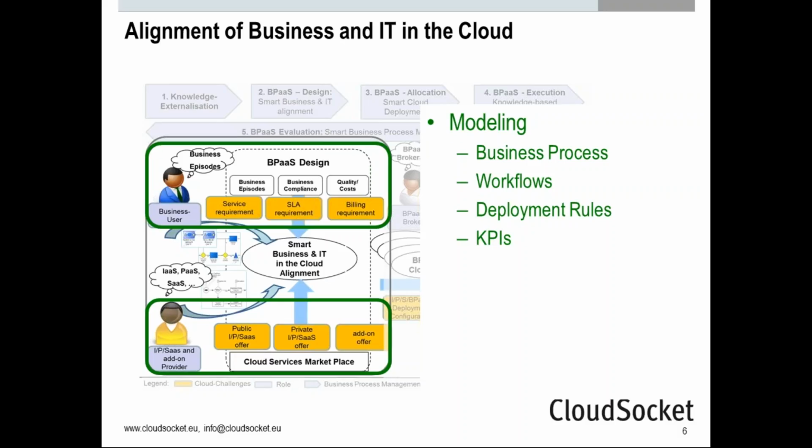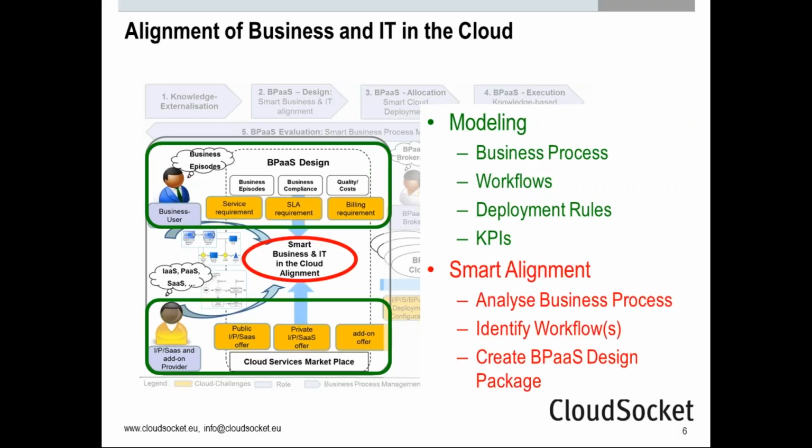And on the other hand, we have a model of the workflows, the different offers that we have from the different cloud providers. We have maybe some rules and key performance indicators that have to be satisfied by the cloud offers. And then we have the alignment part, which is here in red.